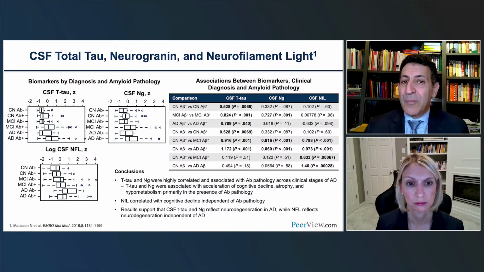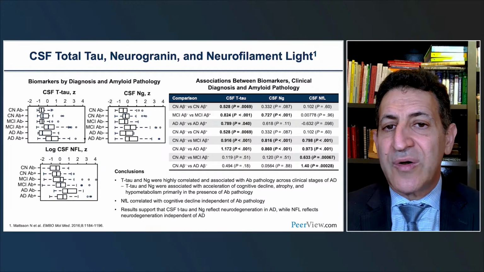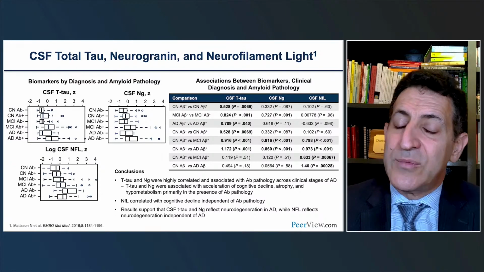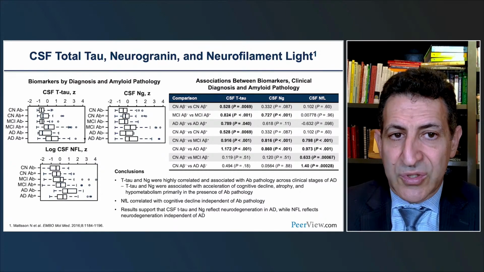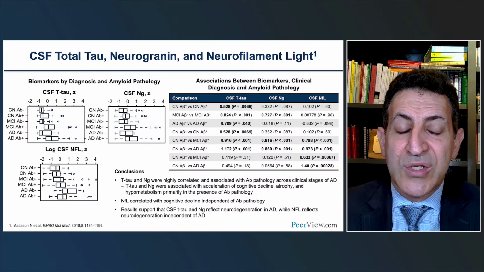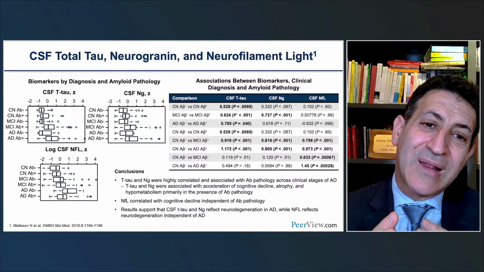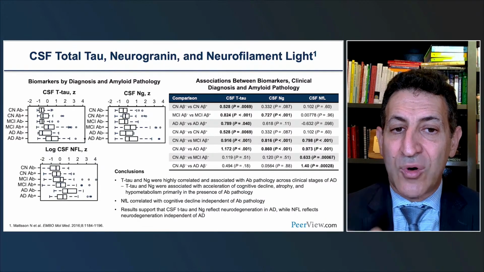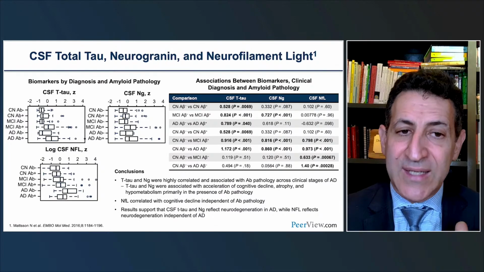What about other biomarkers like total tau, neurogranin, and neurofilament light? These are now being looked at, neurofilament light available, and that comes right out of the multiple sclerosis literature. I consider it to be a lagging indicator, not a leading indicator. Excuse me, neurogranin and neurofilament light are lagging indicators, not leading indicators.